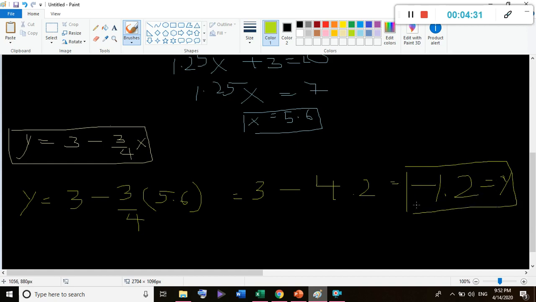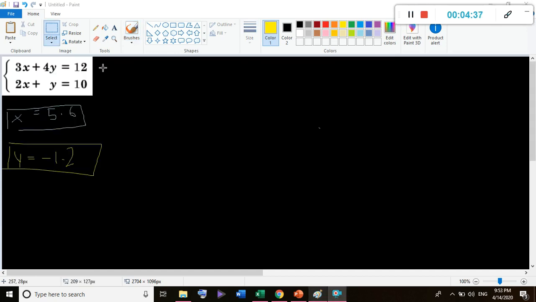To check, you just substitute the values of x and y in both equations. Let's check together. Let's try substituting in this equation first, which is going to be 3 multiplied by 5.6 plus 4 multiplied by negative 1.2. Is it equal to 12?